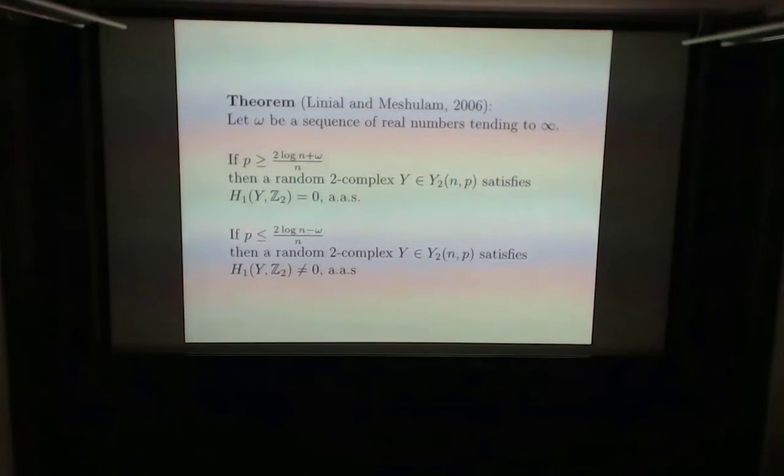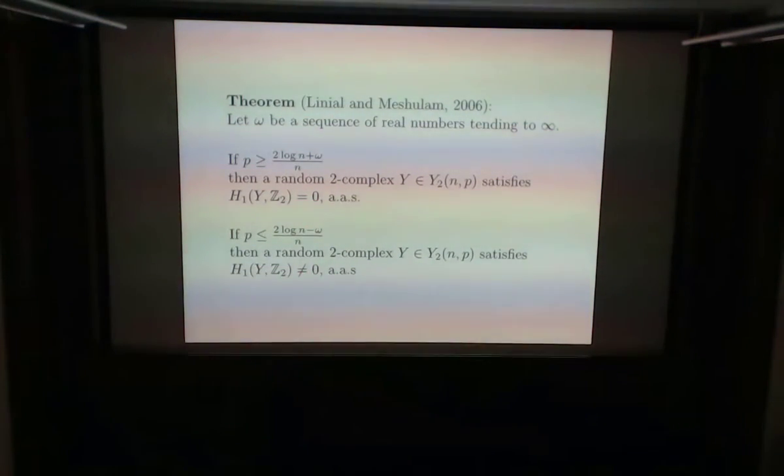But when p crosses this threshold, then all these one-dimensional cycles have been killed, and we have trivial first homology group. This typical situation is called phase transition. When we cross a certain value, the property of our complex changes dramatically from non-vanishing to vanishing.